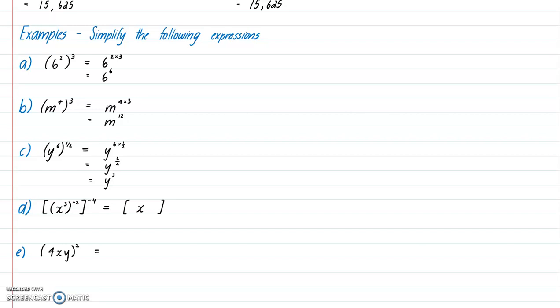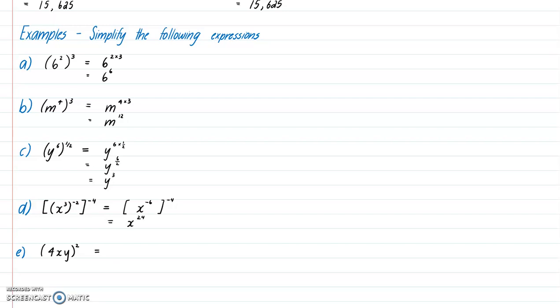So x to the power of -6 inside the square brackets to the power of -4. Now we repeat that process. x to the power of -6 multiplied by -4. -6 times -4 is 24, so we have x to the power of 24.